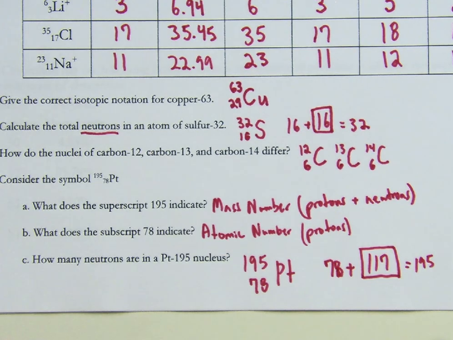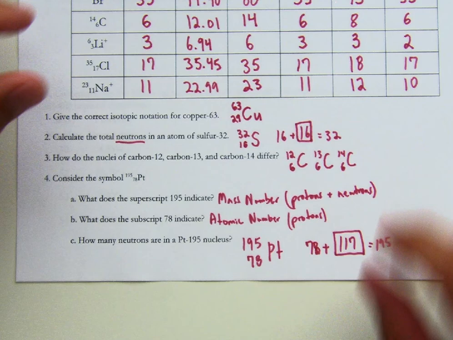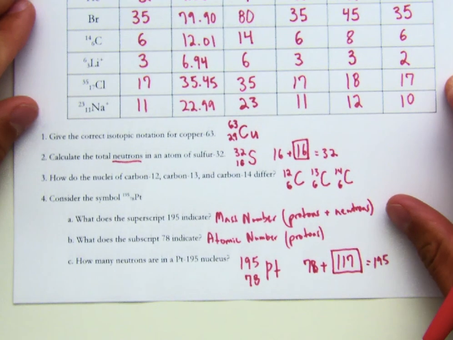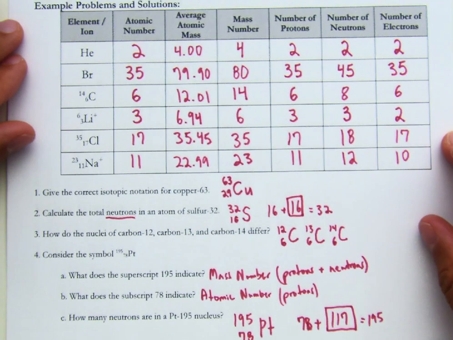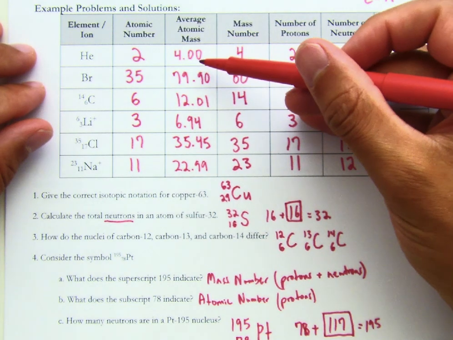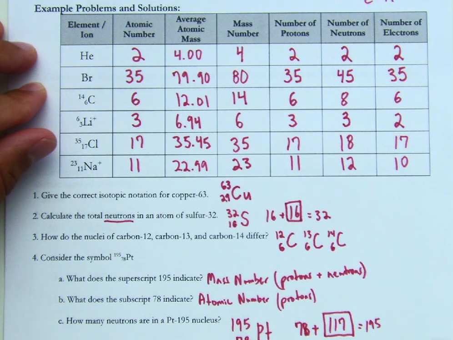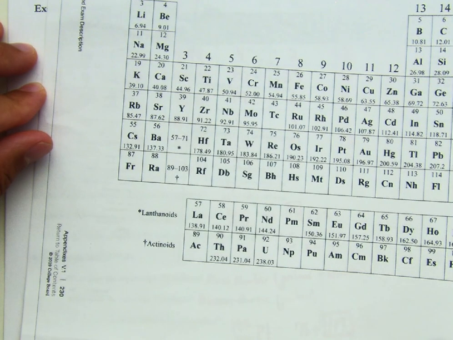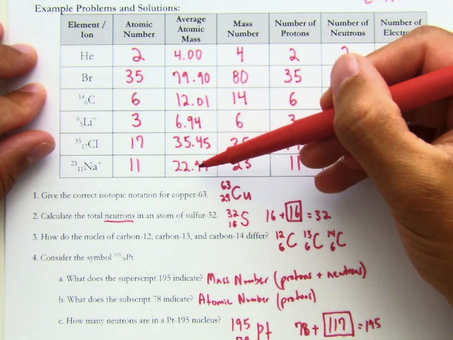Okay, so far we've been thinking about and digging into the parts of the atom, the idea of isotopes, protons, neutrons, electrons, average atomic mass, mass number, atomic number, that kind of thing. This column right here is average atomic mass, and these are just getting pulled from the periodic table. Now you might be wondering, where do these numbers come from?